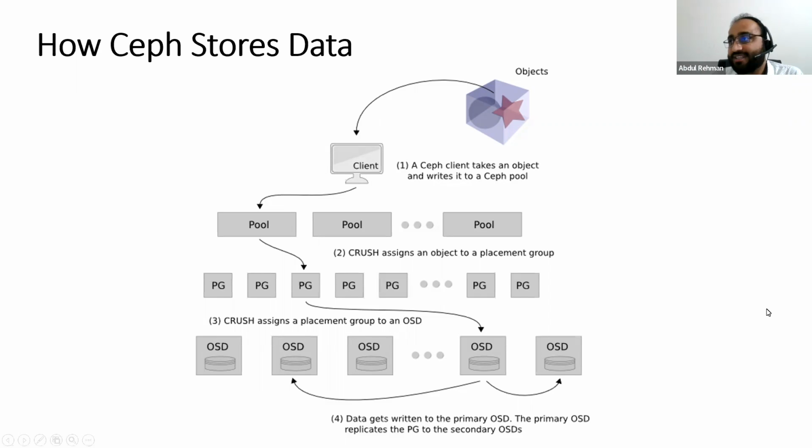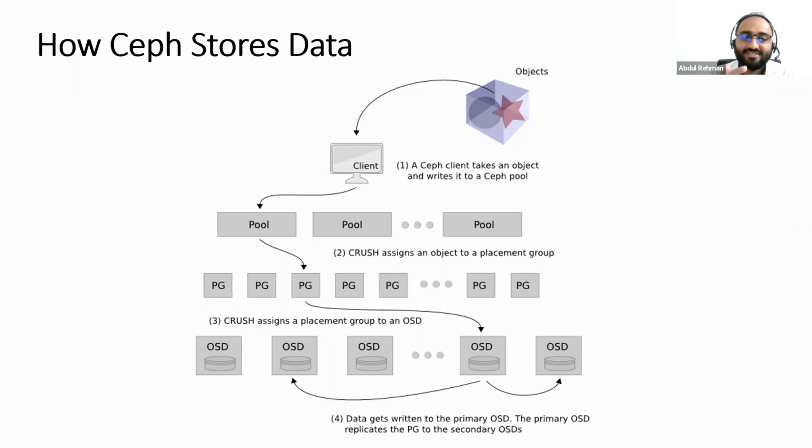So what are placement groups? We have one pool which interacts with placement groups, and placement groups actually store data on the OSD. Let's say we have a Ceph client which takes an object and writes it to a Ceph pool. Once the request comes to the Ceph cluster, CRUSH assigns the object to a placement group.